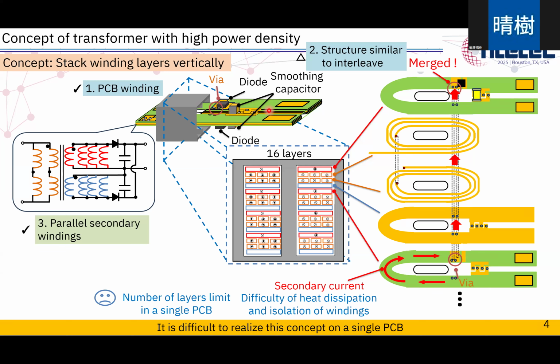And rectifier components such as diodes and smoothing capacitors are mounted on the top and bottom. So the secondary current flowing in the inner secondary windings flows through vias to the top secondary windings and is rectified.